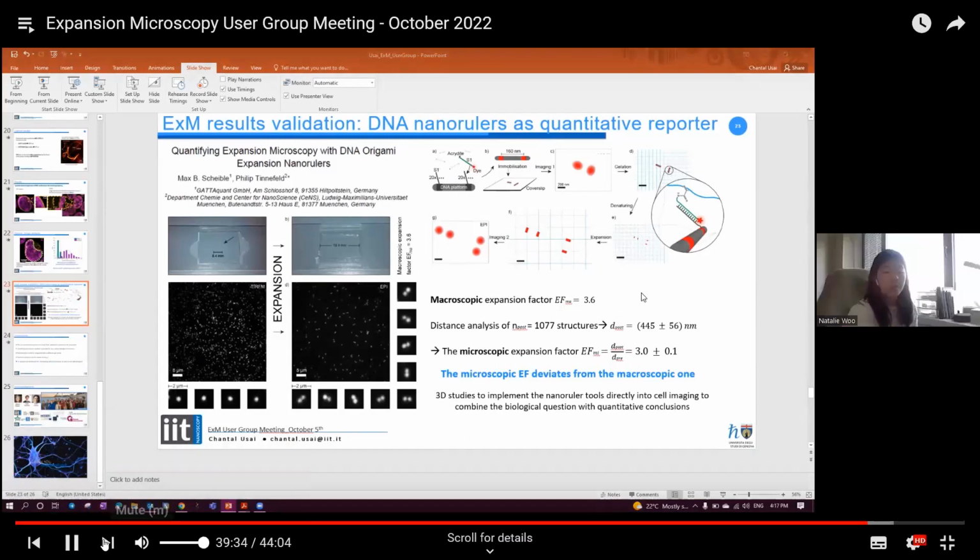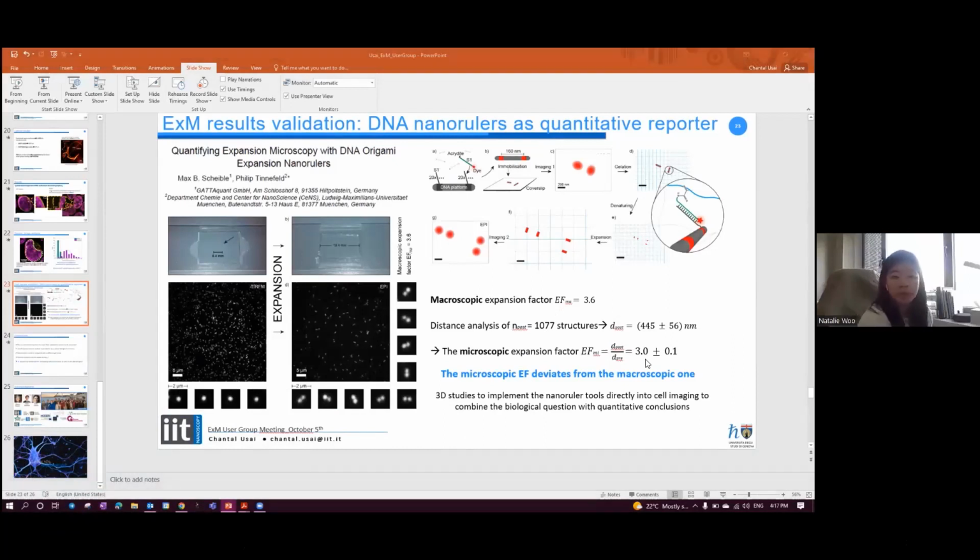Okay, perfect. And one more question from Julie. She asked, what kind of mounting medium do you use for acquisition on your gel? Well, the gel is just enclosed between two cover slips, and then it's sealed with a polymer, just to seal the gel to prevent shrinking due to evaporation.